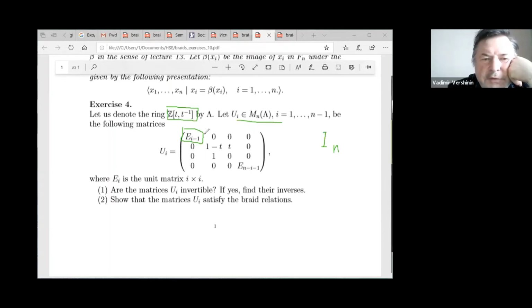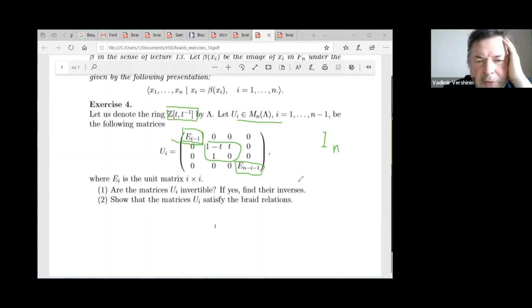So let us consider the following matrix. The question is whether it is invertible. This matrix is divided by blocks. So this is the unit matrix. Evidently they are invertible. So by the rules of operating with block matrices, you only need to know how to construct the inverse of this matrix.